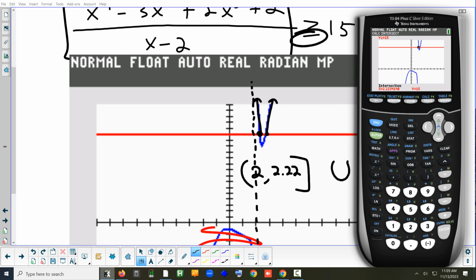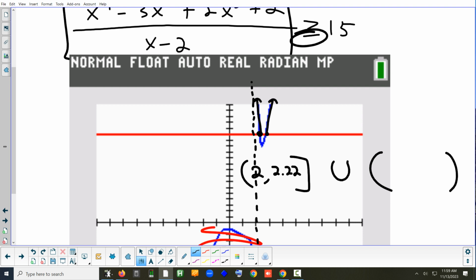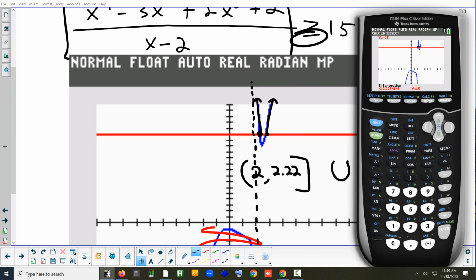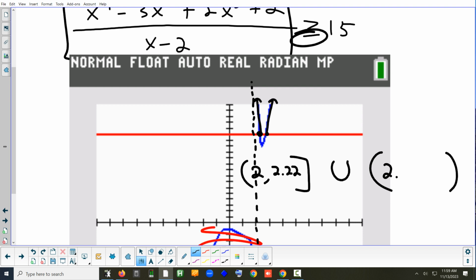Now I have to figure out where interval 2 starts. How am I going to get this point right there? Yep. Do intersect again. This time, if you want to be safe, just move your guess way further to the right, and it'll definitely pick the one it's closer to. 2.68. Now, same question. Can I include 2.68?